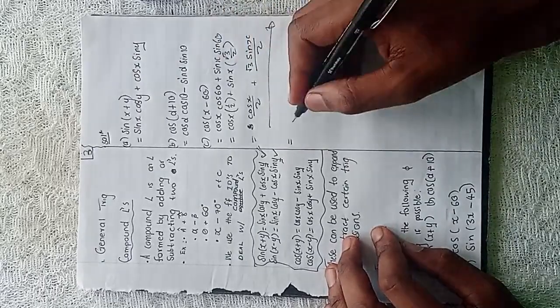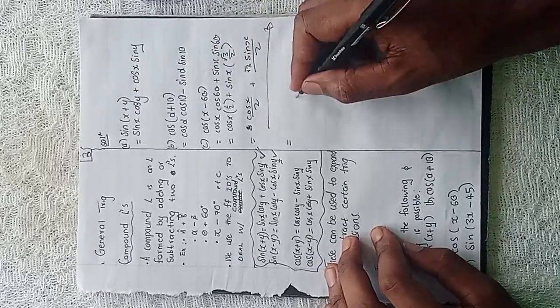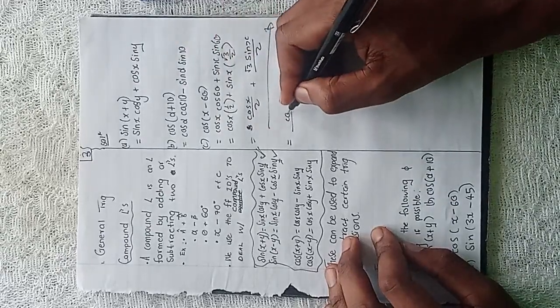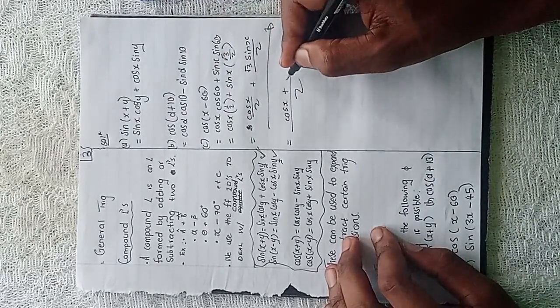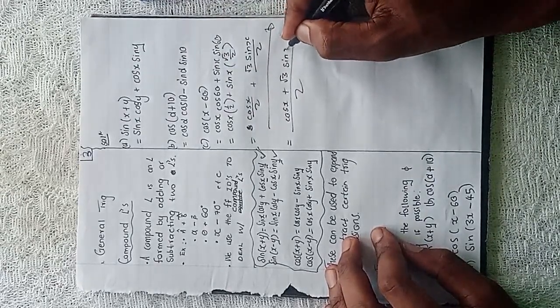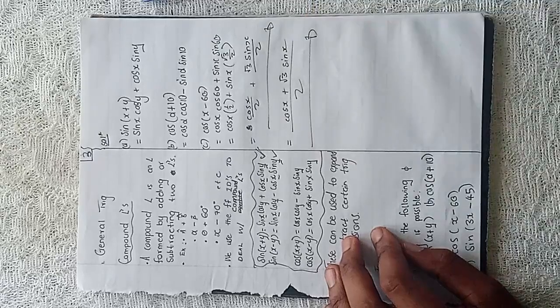Since the denominators are the same, I can add the numerators, which is cos x plus root 3 sine x, all over 2.